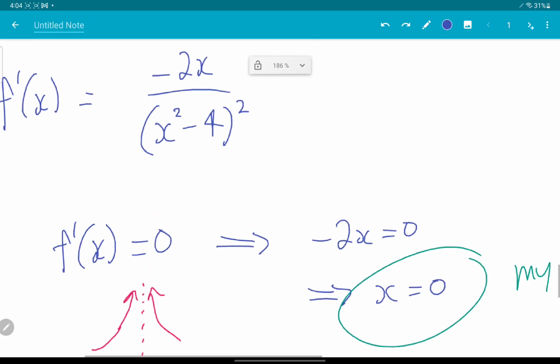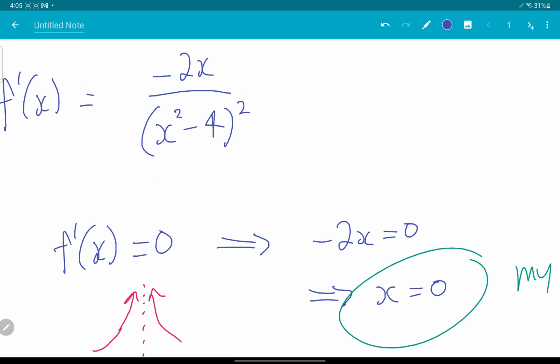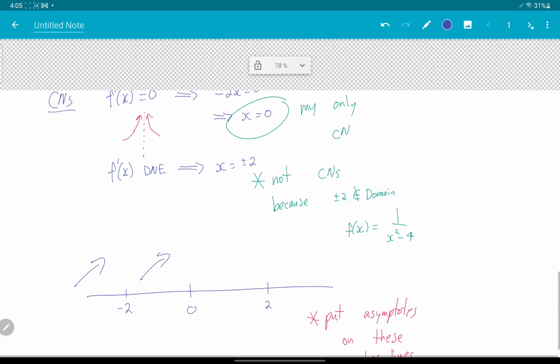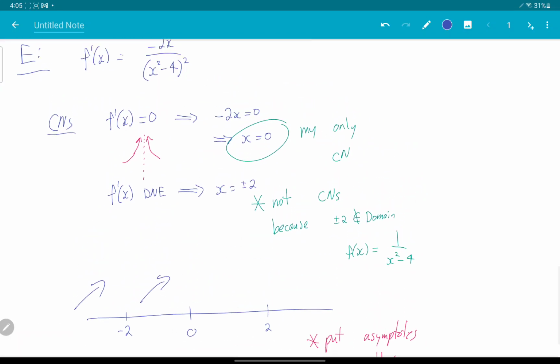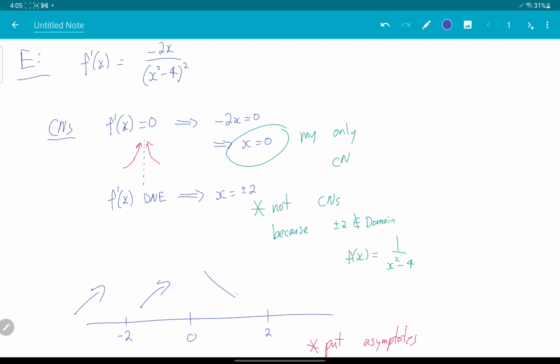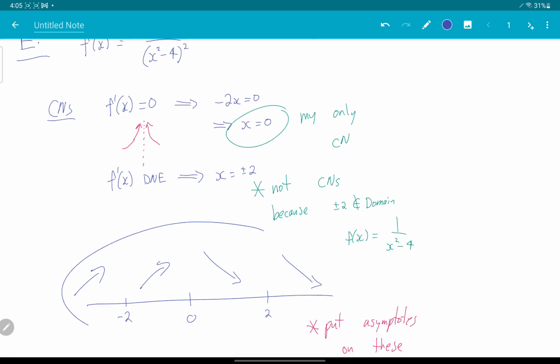Notice how the denominator is always positive because of the square here. That can help you save some time. So decreasing here. If I plug in 3, I'm going to have negative over positive, negative, so decreasing there. Okay, so here are my intervals of increase and decrease.